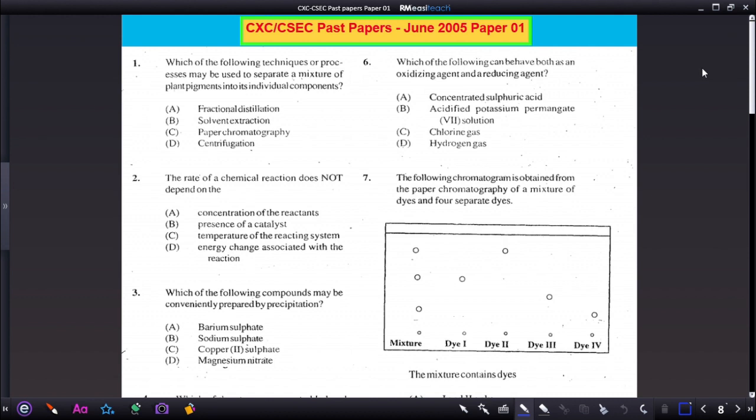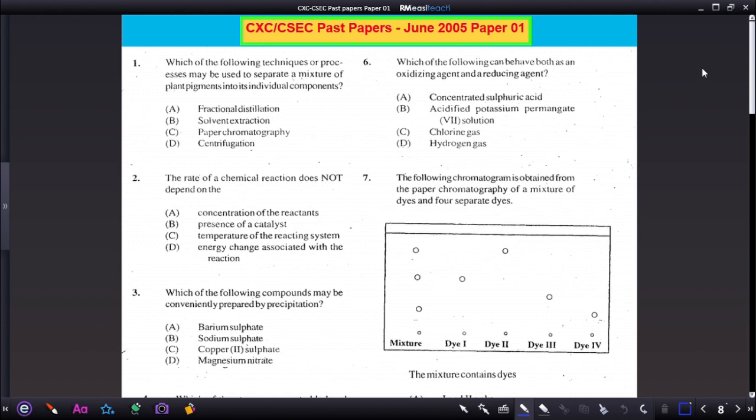B. Solvent extraction. This is where you take advantage of the different solubilities of the components within the mixture, right? And the components are usually immiscible. C. Paper chromatography.